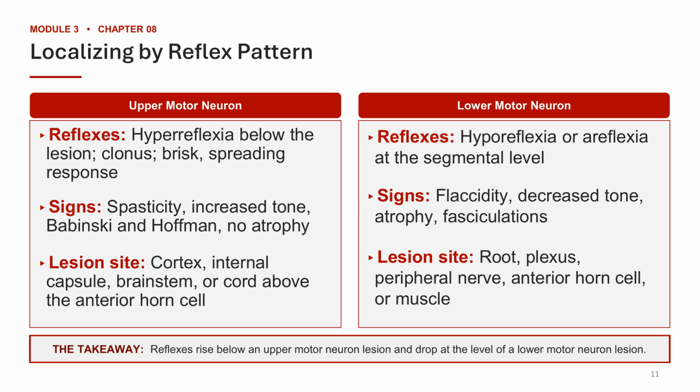Notice that atrophy is doing real diagnostic work in that comparison. Denervated muscle wastes. Disconnected but innervated muscle does not, at least not early. If you want a single sentence to carry out of this chapter, reflexes rise below an upper motor neuron lesion and drop at the level of a lower motor neuron lesion.